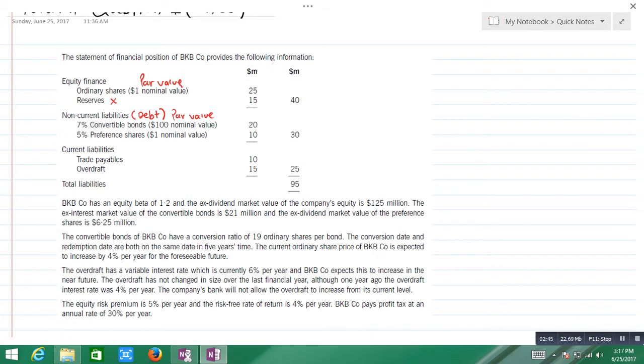Now, in this question, the 100 is given, but as you know, I always told you in the class that most of your past equation they won't tell you what is the par value for debt, okay, for the bonds, loan stocks or whatever. They won't tell you, but you have to know that it always will be 100. It can be $100, it can be £100, it can be 100 ringgit or whatever. Okay, but it will be 100.